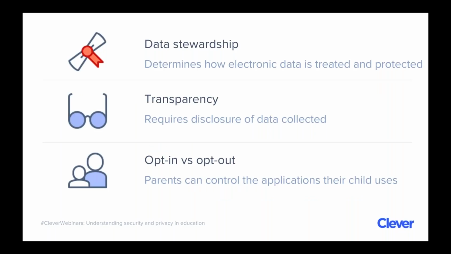All right, let's highlight 3 state trends that are especially applicable to vendors. One of the top trends is data stewardship, which really means that we're determining how electronic data should be treated and protected. Essentially extending COPPA to all of K-12 and adding some additional protections as new technology comes out. This, of course, varies widely by state.